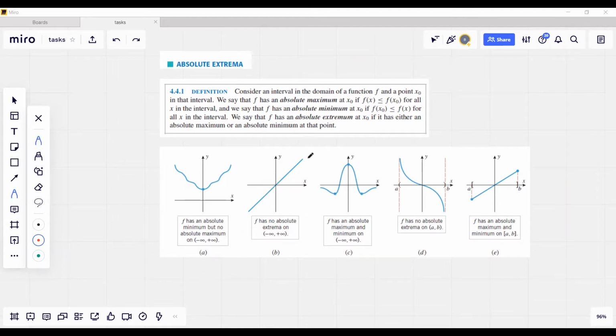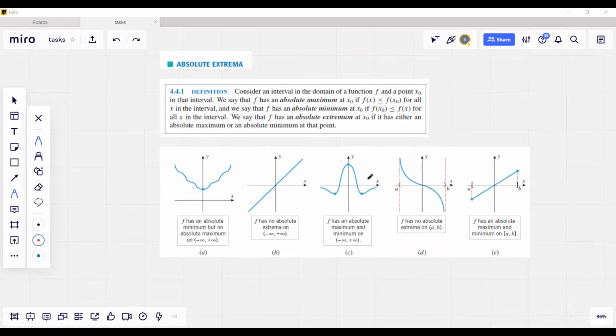Next, this looks like a graph of the function y equals x. Our function decreases without bound when x goes to minus infinity, and increases without bound as x goes to plus infinity. This function has no absolute extrema at all on the interval from minus infinity to plus infinity.